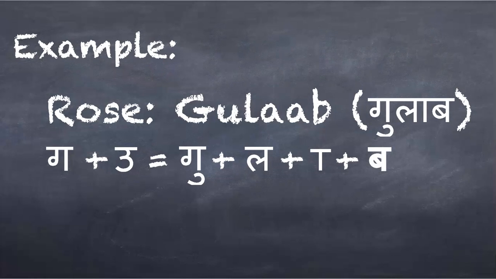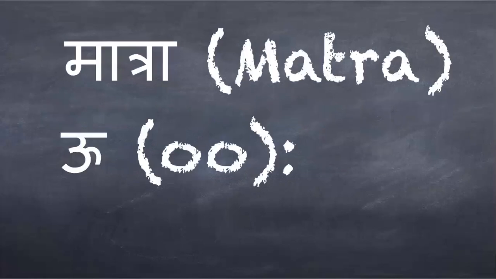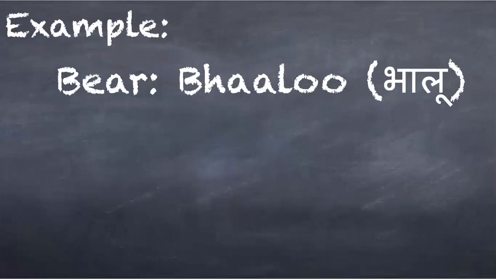Now let's move to Swar U and then let's see how that is used to make a word. Now Swar U is represented as this Matra in a word. For example, bear in Hindi is called Bhaaloo.